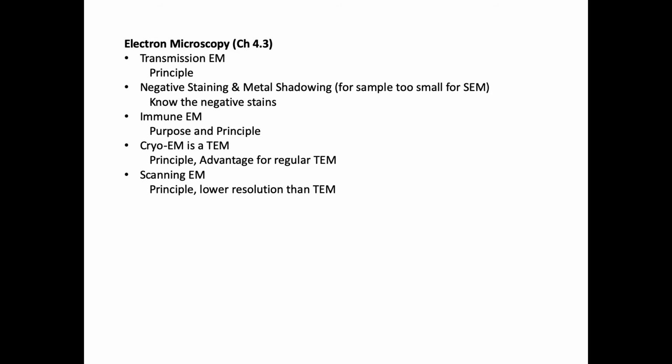All right, immune-EM. If you need to localize, pinpoint a specific protein or an enzyme, which is a protein, then you can use that technique. And remember that no matter whether you are doing immunofluorescence or immunoelectron microscopy, if you are using an antibody to detect it, you always have to kill and fix the cell.